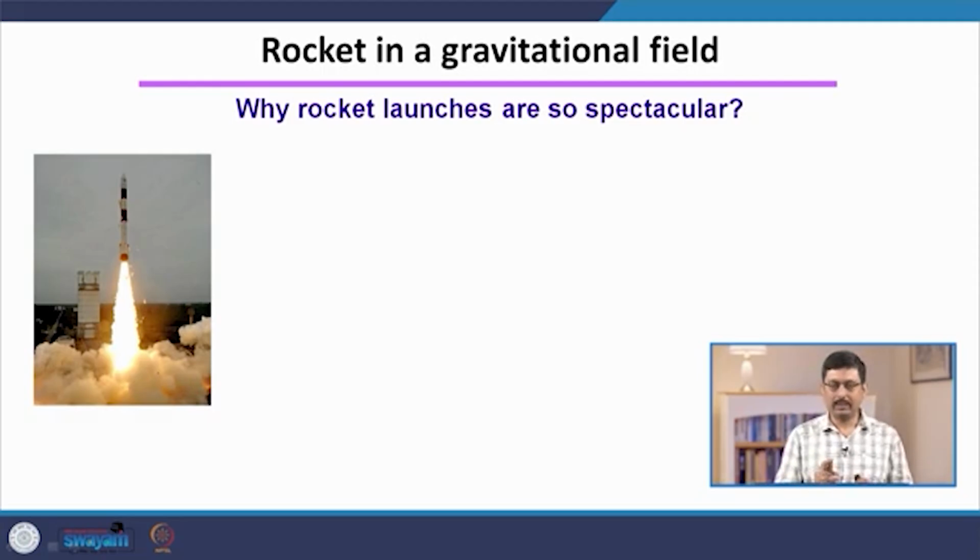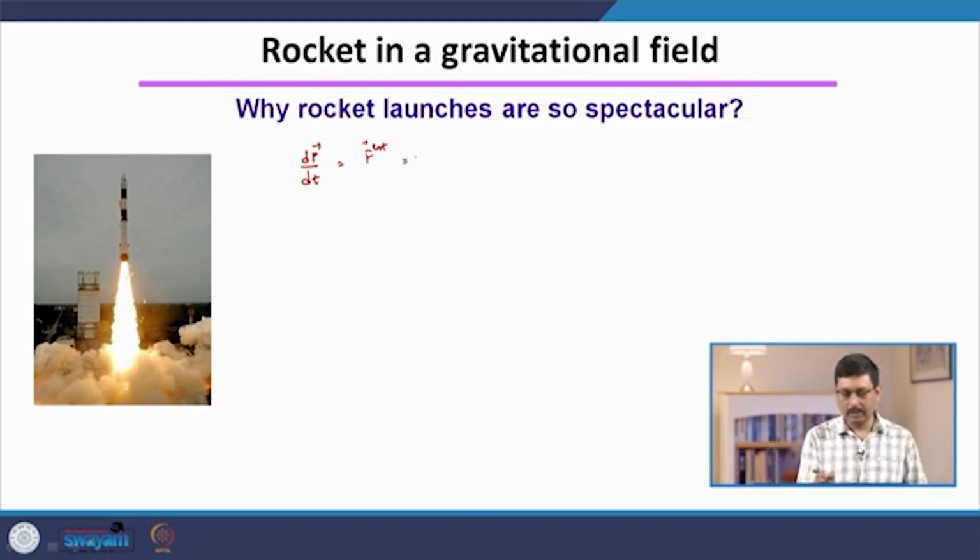In deep space there is no external field acting on the rocket. However, when the rocket is taking off from Earth, we cannot ignore Earth's gravity. So, in this case, note that our general equation is this, and we are going to assume for simplicity that the only force, so again let us make a box diagram.